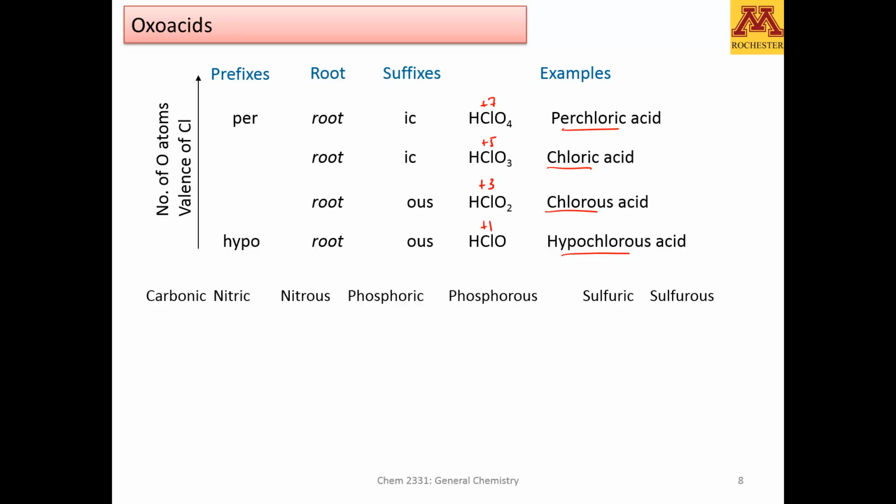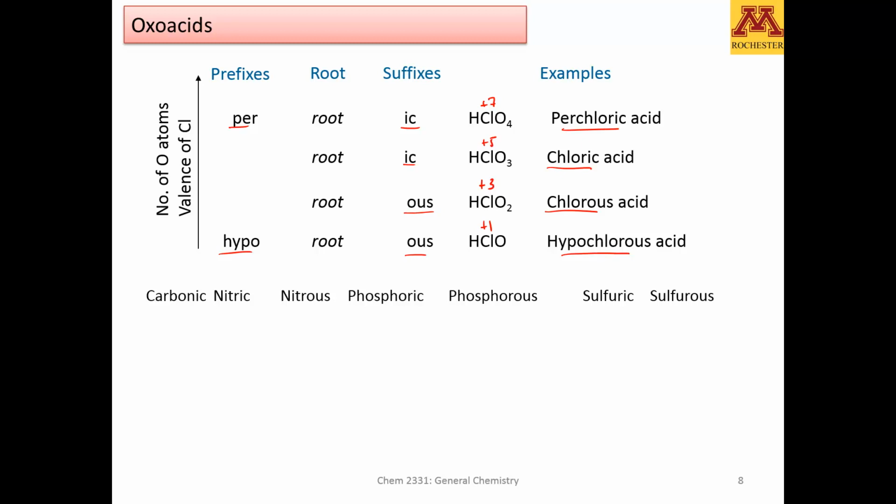If you have 4 different oxidation states, you will use hypo-ous for the lowest oxidation state, and you will use per-ic for the highest. Only the -ic for the second highest, and -ous for the third highest.